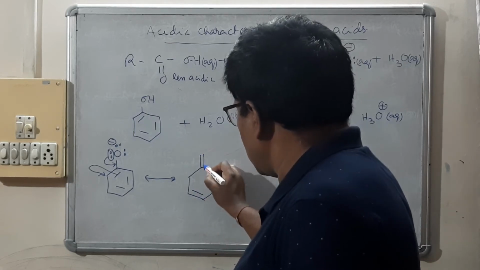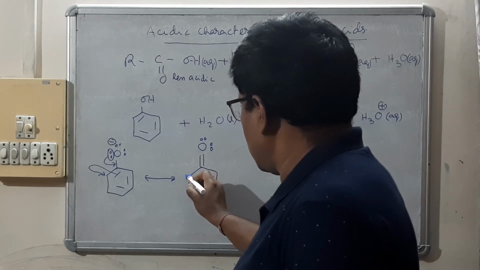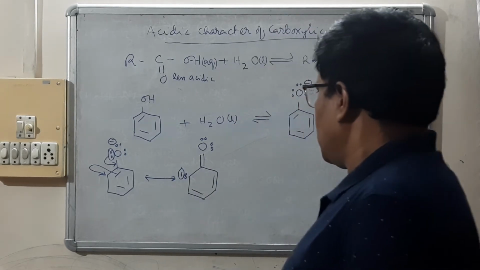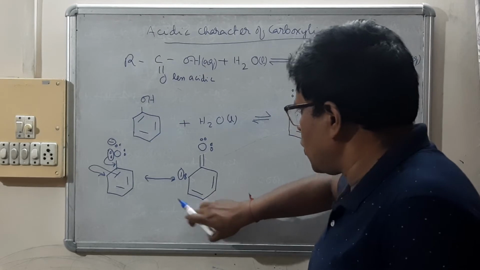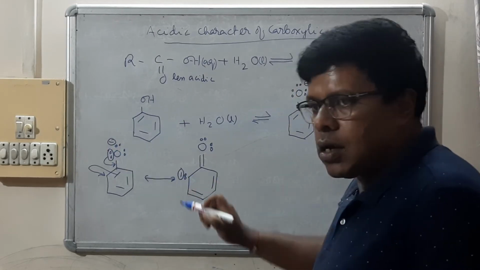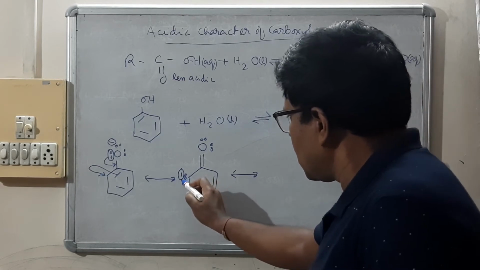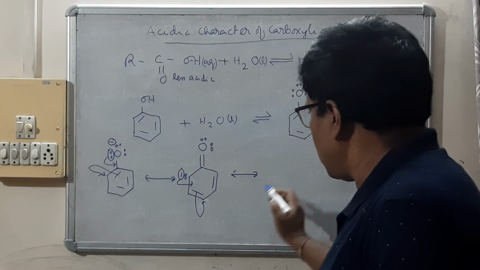So a double bond over here, C=O. Now two lone pairs here, and this carbon will be minus. That means the negative charge which was on oxygen has now come on this carbon. Next, these two electrons will form a bond here, and this pi bond will break to come here.